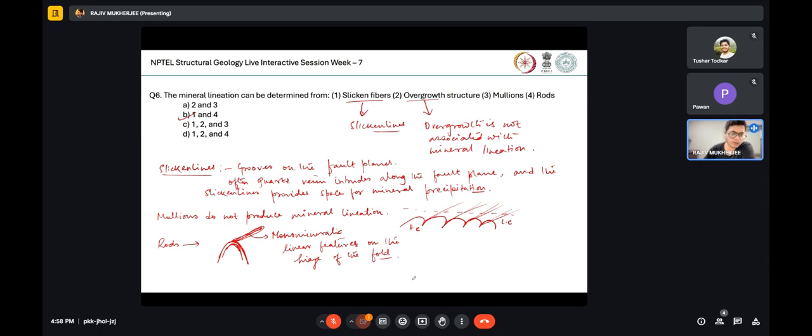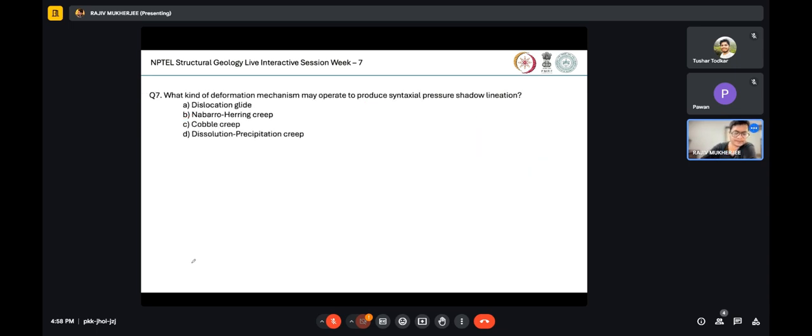Okay, so moving on to the next question. What kind of deformation mechanism may operate to produce syntaxial pressure shadow lineation? Option A, dislocation glide. Option B, Nabarro-Herring creep. Option C, Coble creep. And option D, dissolution precipitation creep.